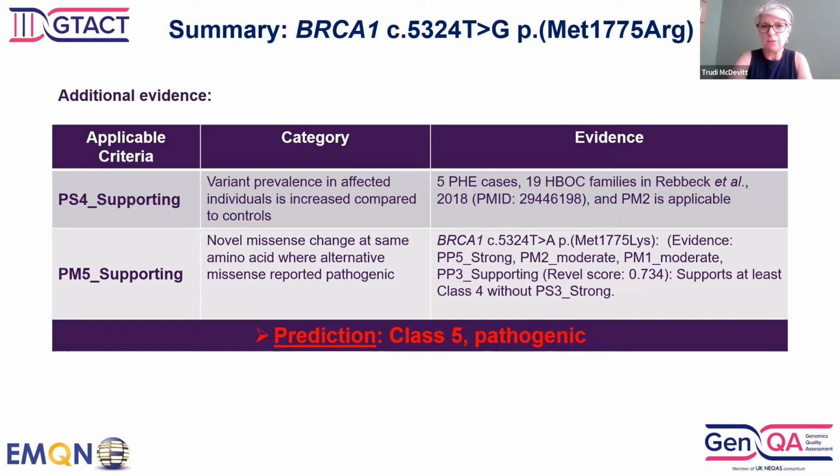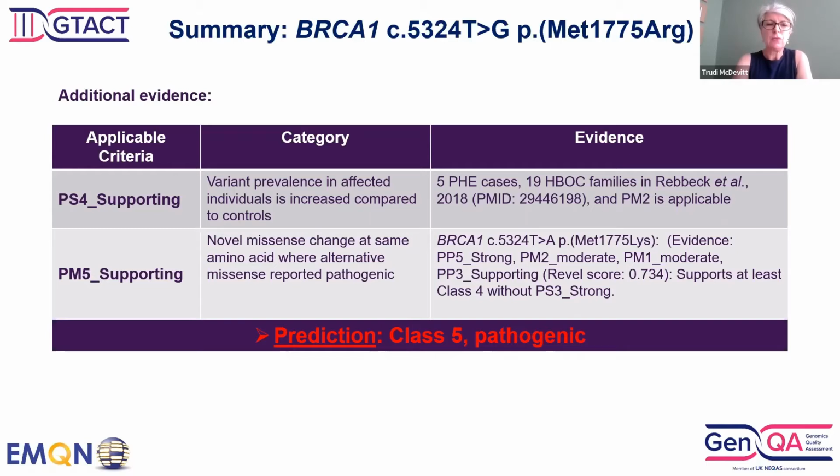So you couldn't perform case control analysis because you need to use ethnically matched controls. There are 19 breast cancer families in the Rebbeck et al. publication of nearly 30,000 families, and also the fact that PM2 is applicable. All this evidence allows you to use PS4 at a supporting level on a case counting basis.